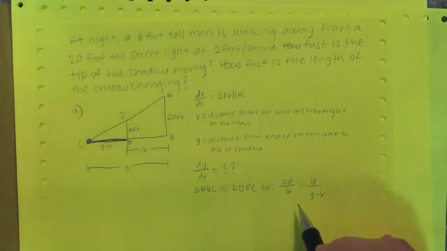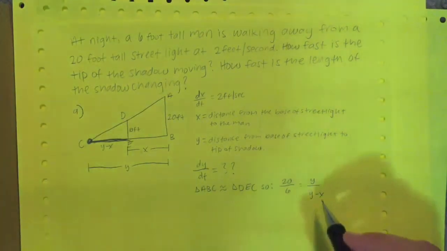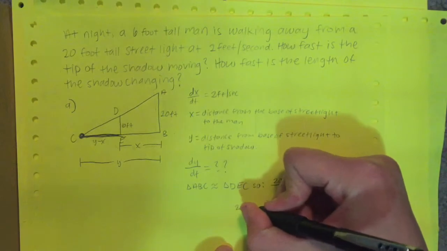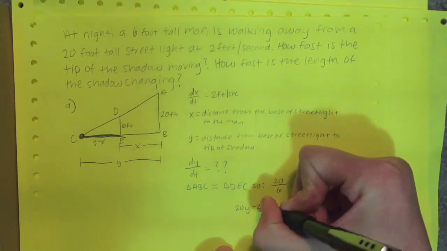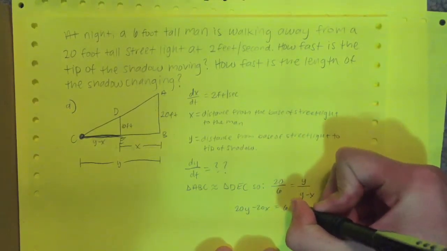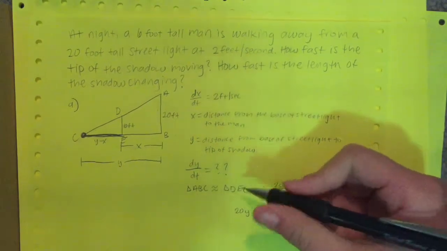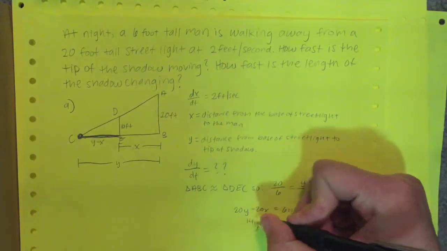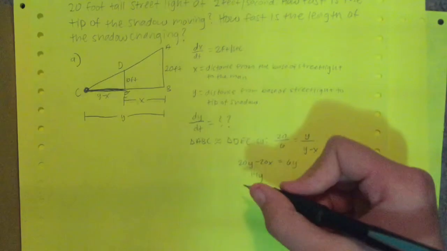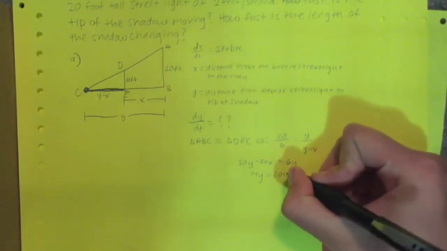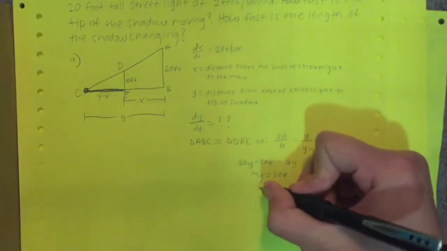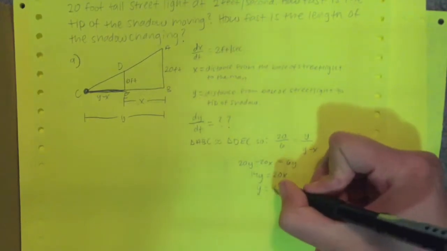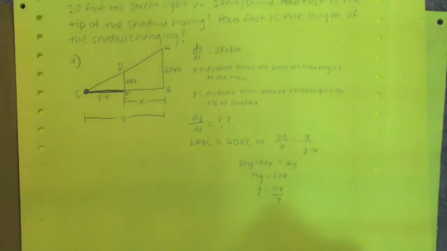So 20 over 6 equals y over y minus x, and we can cross multiply. So 20y minus 20x equals 6y, and then 14y equals 20x. Solving for y, y equals 10x over 7.